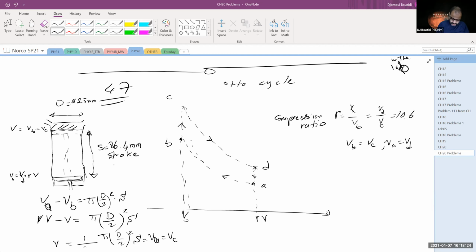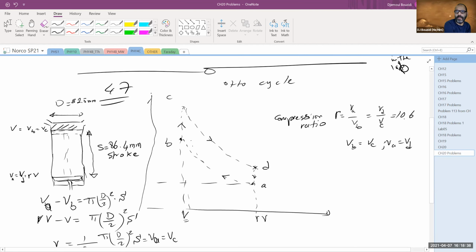Okay. So the initial pressure of the fuel is 8.5 times 10 to the power 4 Pascal. So we know what this pressure is. This is the pressure at point A, PA, given to be 8.5 times 10 to the power 4 Pascal.